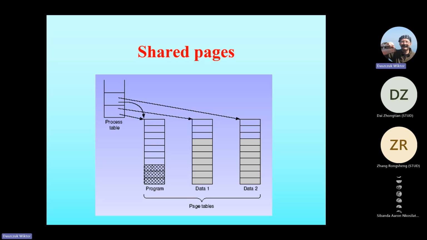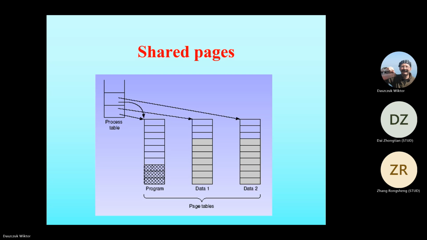What is the name of associative memory for paging? Translation look-aside buffer, TLB. We talked about this. TLB is cleared as well, because for another process, we don't want those accesses to be remembered.